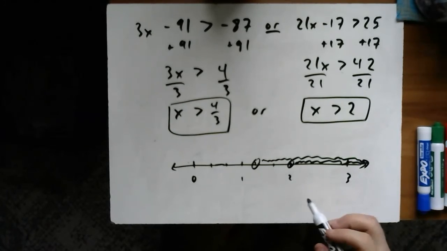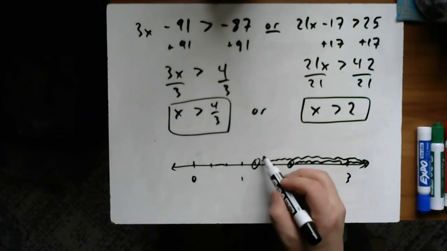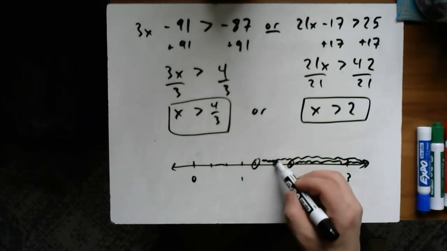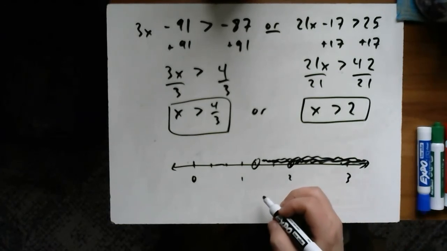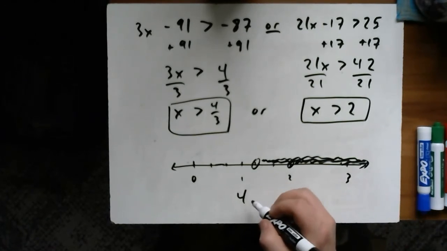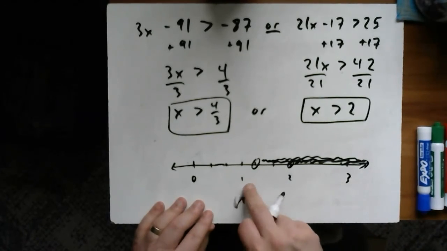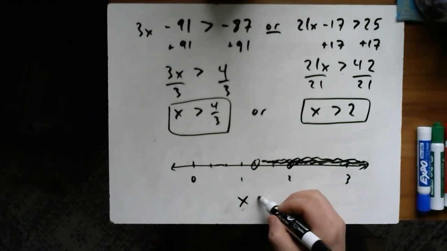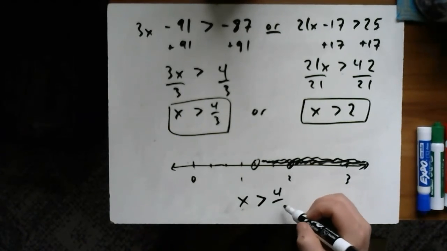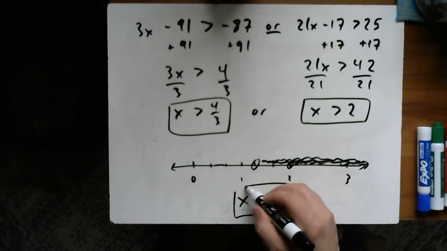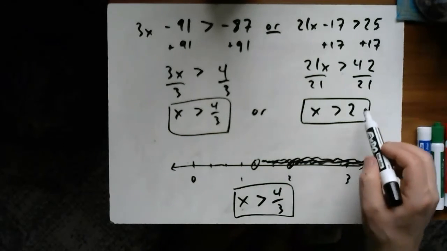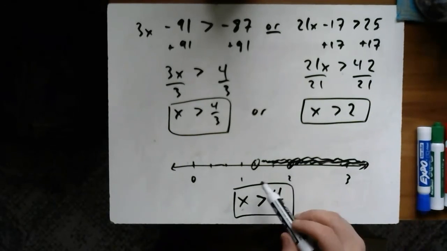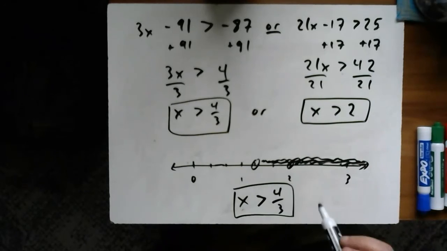So what they share together is everything from here, not including 4/3, going to the right. So my solution is everything greater than 4/3, because that already encompasses x is greater than 2. That has both of those solution sets in it. All right, and that is it.